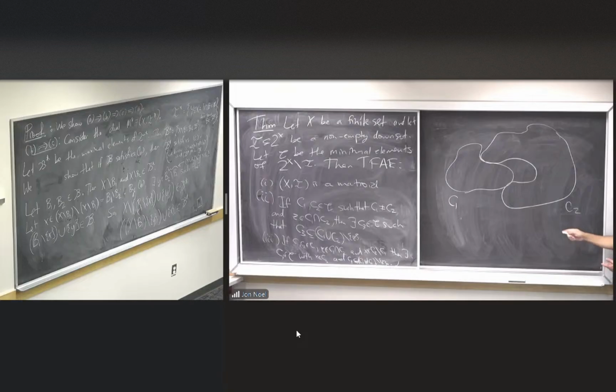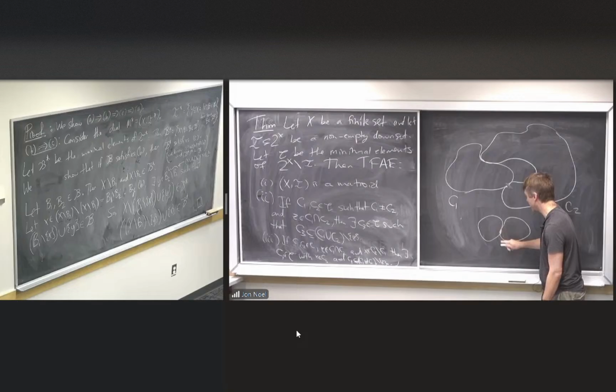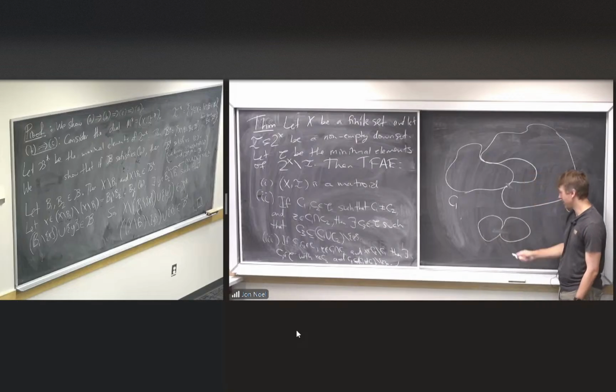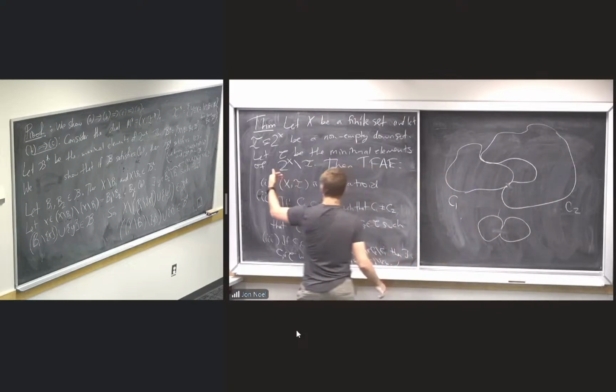If I take an edge in common and delete it, this still has cycles, so I can find a circuit inside of it. Maybe the simplest picture is two cycles that just share one edge. If I delete that edge, I still have a cycle by going around like that. That's the idea here, and these are all equivalent to each other.